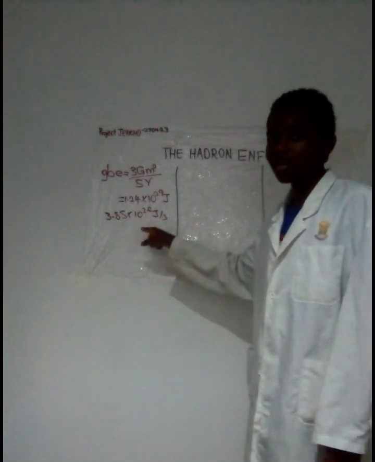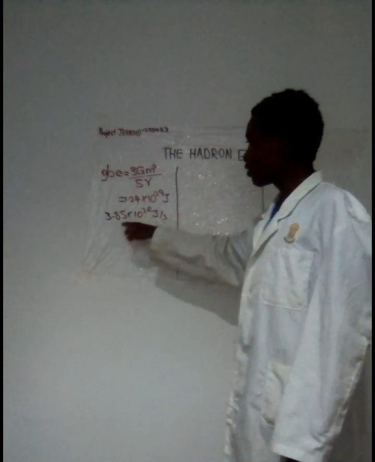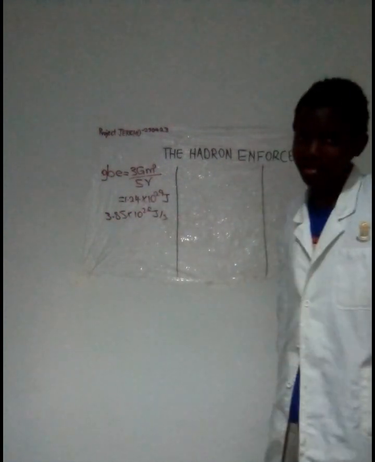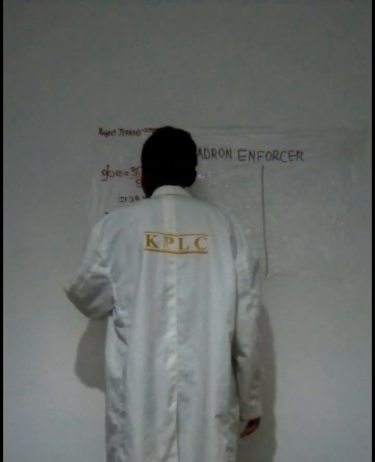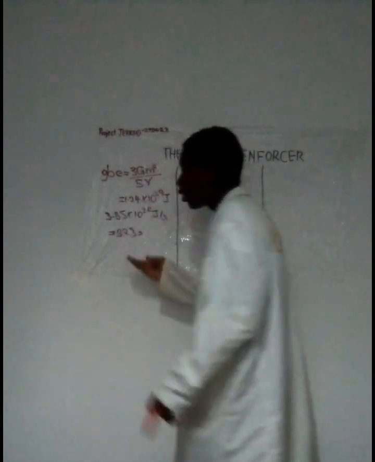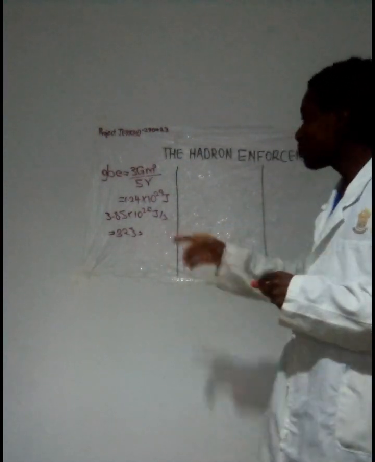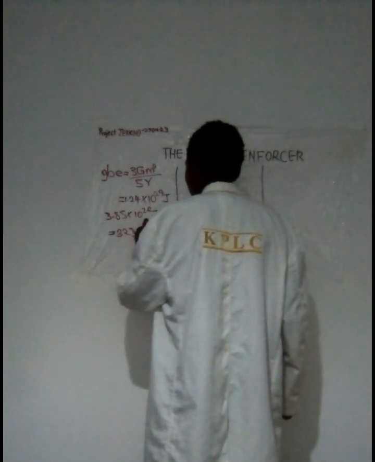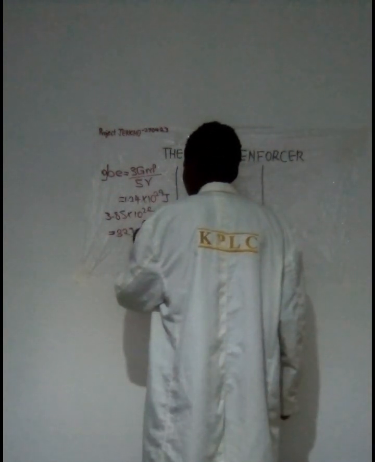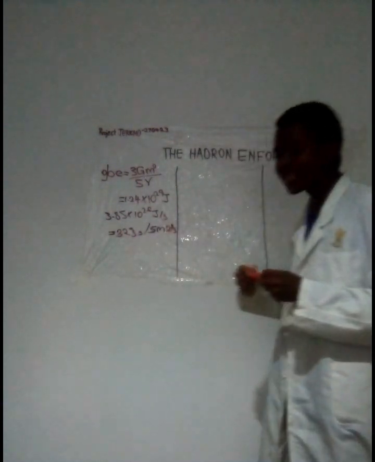So if we divide this by the sun's output energy, we get 323 seconds worth of the sun's output energy. That's about 5 minutes and 24 seconds of the sun's energy let out in an instant.